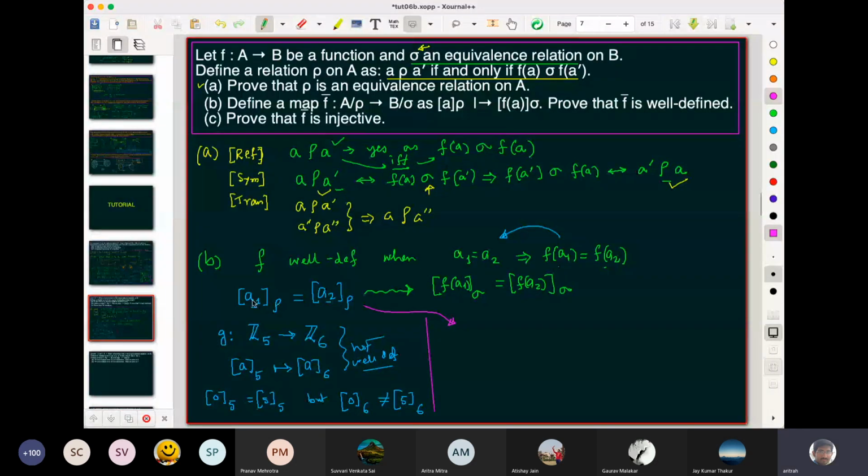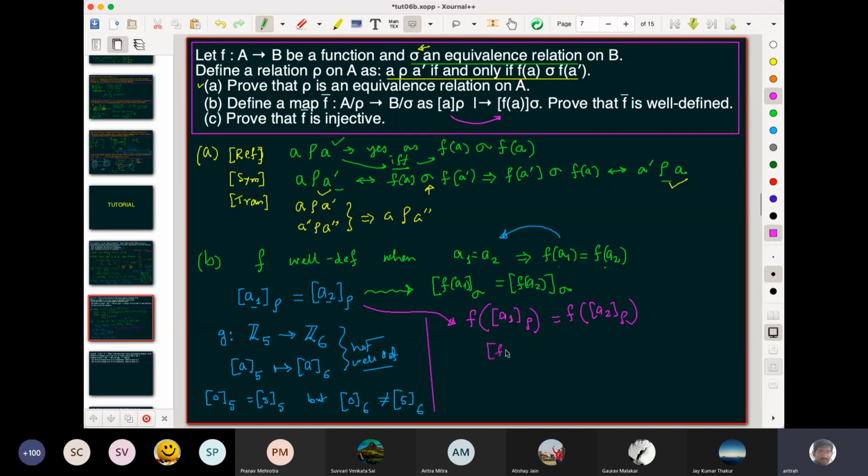See, what does this equal to relation immediately translate into? If this is equal, I need to prove A1 rho is equal to A2 rho. Right? Now look at this map.